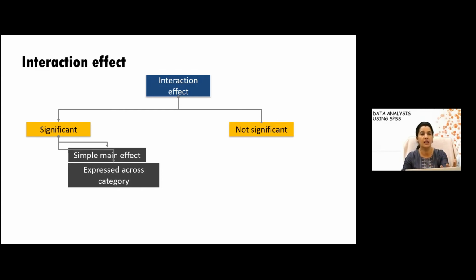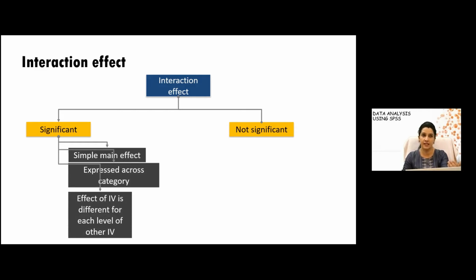So we will see the simple main effect of the independent variable on the dependent variable. Here IV is the independent variable, I have just shortened it. So the effect of the independent variable is different for each level of the other independent variable.